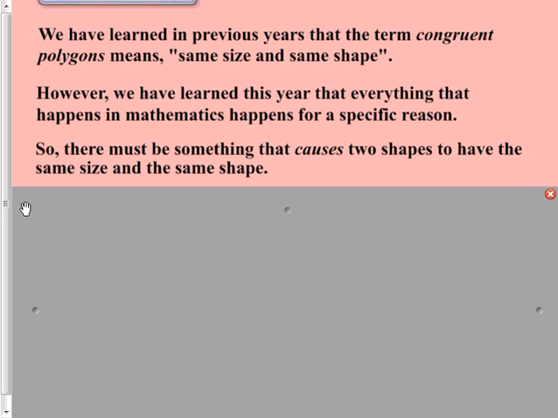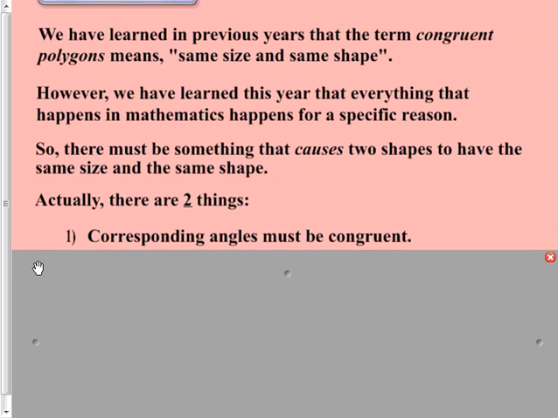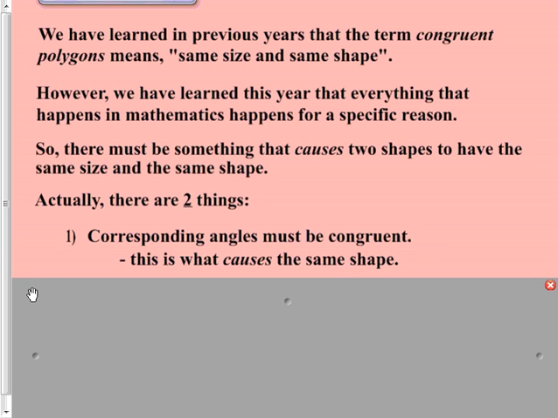So let's look at what it's actually going to take for us to decide that two polygons are congruent. Those two things are, first off, corresponding angles must be congruent. That's going to be a requirement for two polygons to be congruent. This is actually what is going to cause the two polygons to have the same shape.